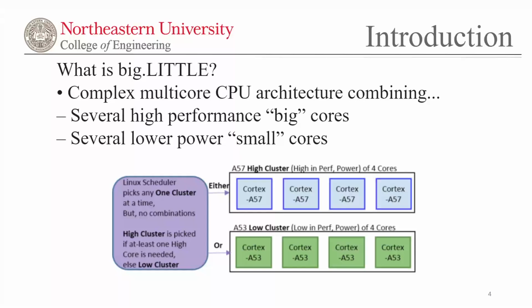In the introduction, I will talk about what the big.LITTLE architecture is at first. The big.LITTLE architecture is a technology. It contains 2 kinds of cores, large and small cores, and it is a heterogeneous multi-core processing technology proposed by ARM.